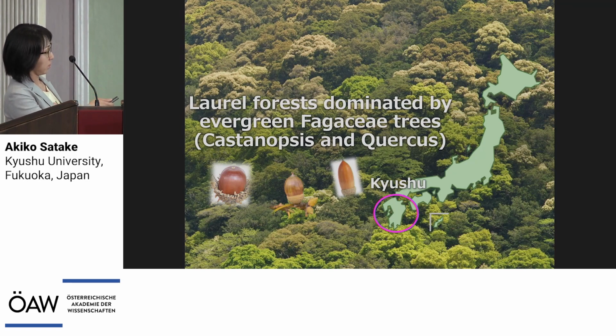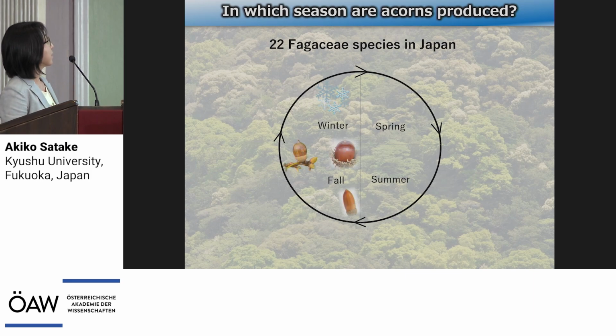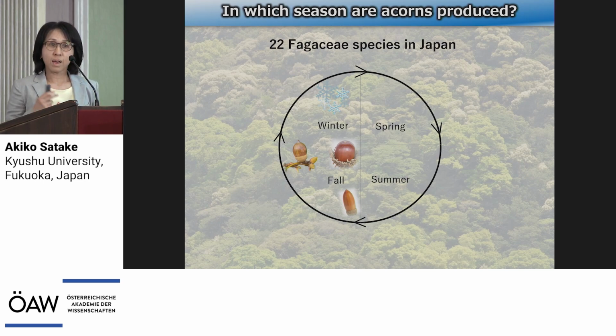And these trees produce pretty acorns like this. And I think most of you know the season of acorn production. In which season are acorns produced? That is fall, of course. In Japan, we have 22 Fagaceae species, and all of them produce acorns in fall.